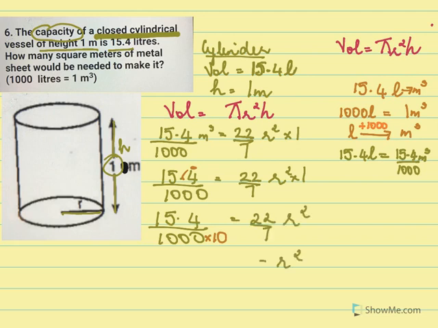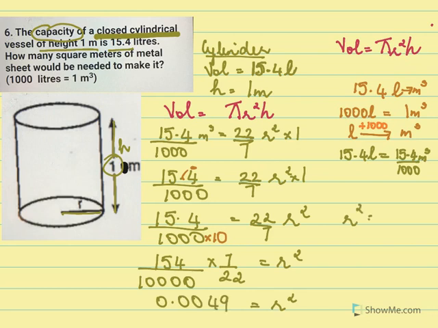So my r square is 154 over 10000 into 7 by 22, and the r square works out to be 0.0049. Let's continue. So r square is 0.0049.